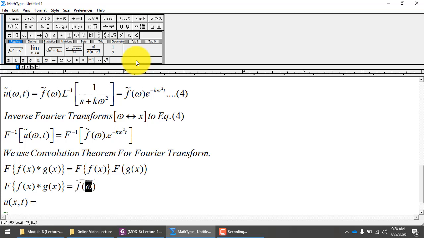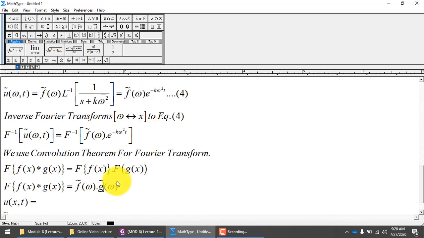Multiply by the other thing, the Fourier transform of g. What is the symbolic representation? Instead of f you will have g.